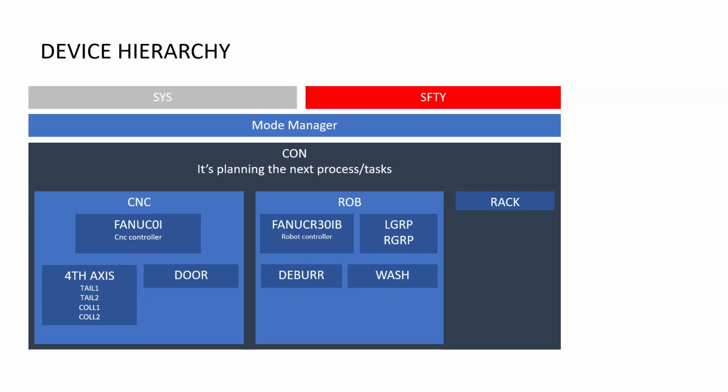The mode manager would help govern whether or not we could switch gears given what the machine's current state is. For example, can you jump from auto mode to a manual mode? Well, the mode manager would govern that, and typically it wouldn't allow that type of transition unless the system was stopped and everything was kosher.